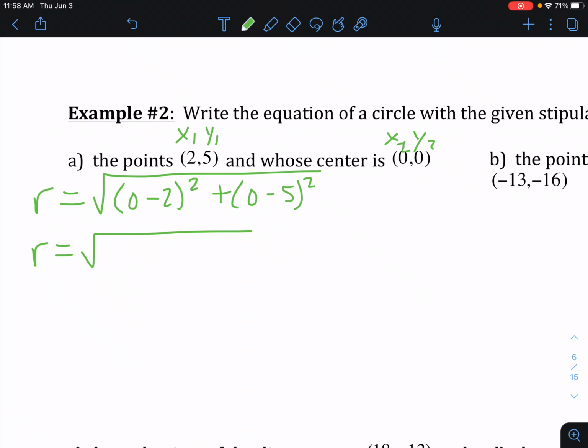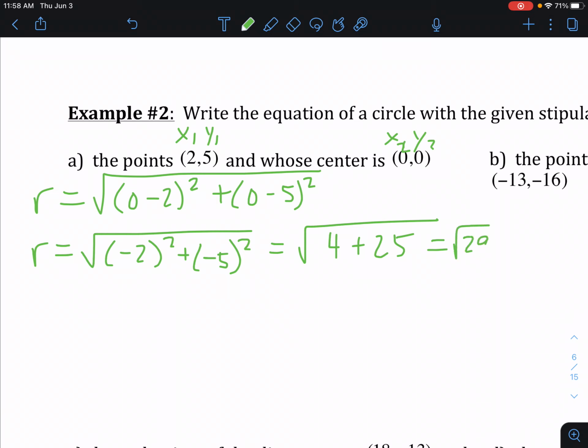Now we're going to subtract, so that'll be negative 2 squared plus negative 5 squared. Now we're going to square those numbers. That'll be 4 plus 25 equals, add them, square root of 29. So that square root of 29, that's my radius, okay?